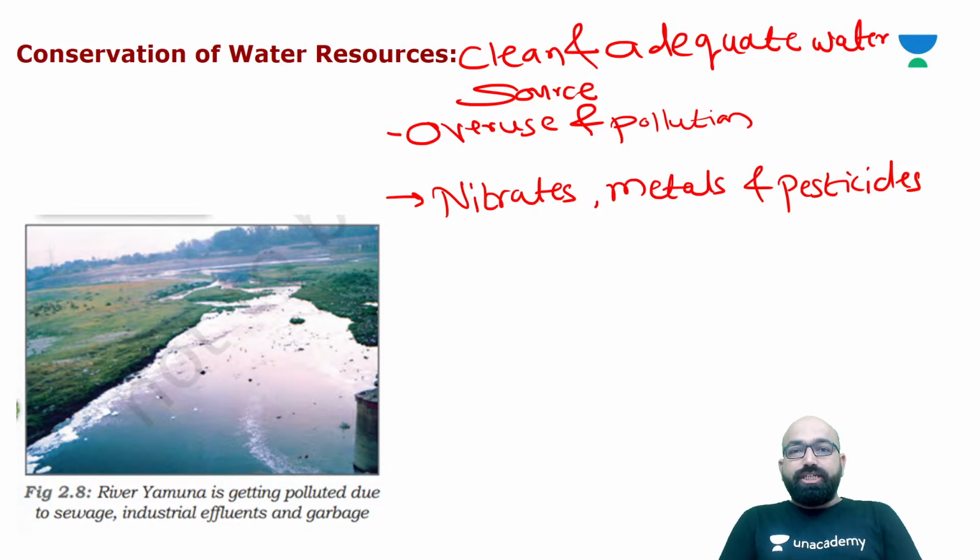Forests and other vegetation cover slow the surface runoff and replenish underground water. Water harvesting is another method to save surface runoff.